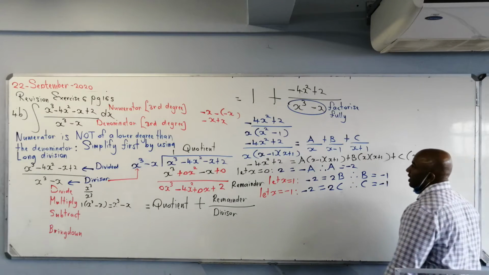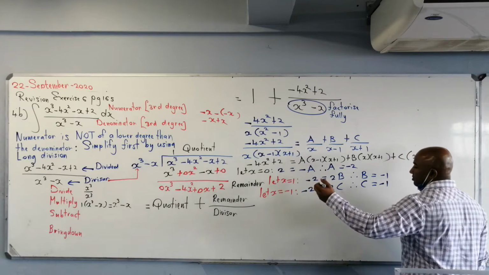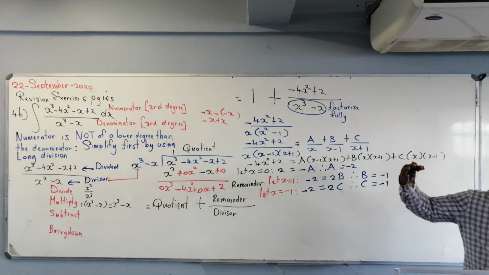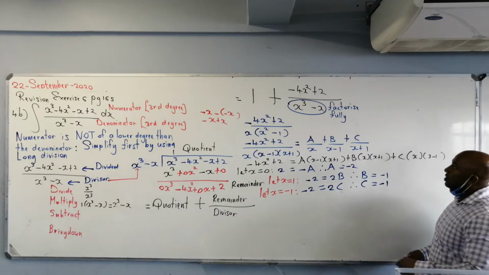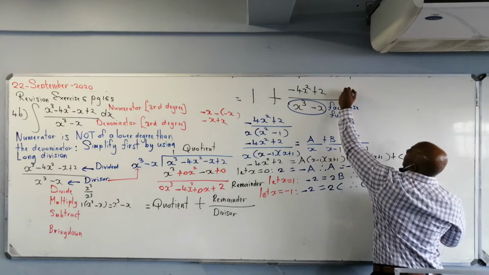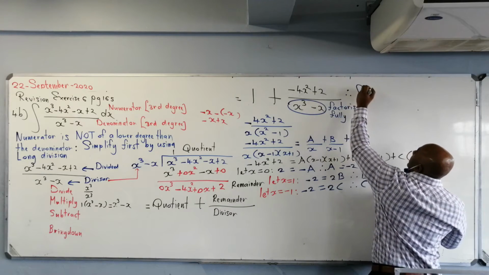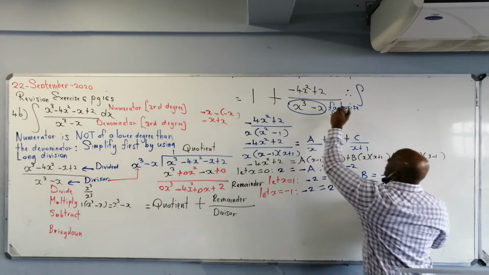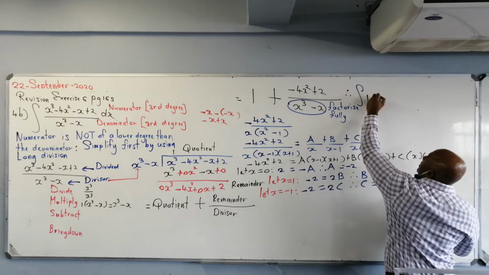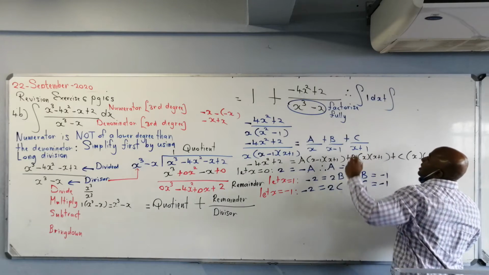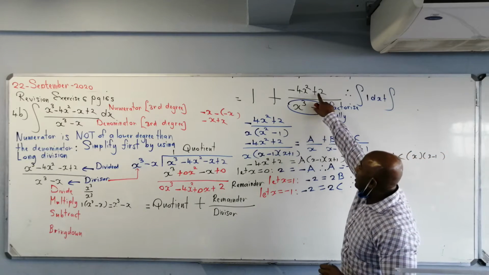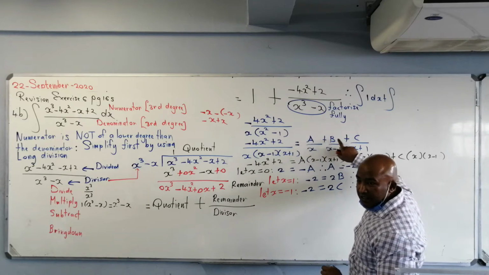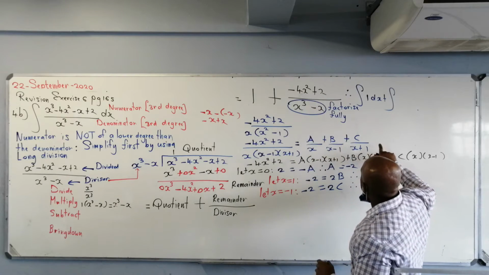So now I can integrate everything. Let me substitute back for a, b, and c first. So let's see what's going to happen here. So therefore, I need to integrate. Now don't forget, let me start with this one here. I need to integrate 1 plus, now I'm dealing with the fraction. And there's the fraction here. Can you see that? There's the solution for this here.